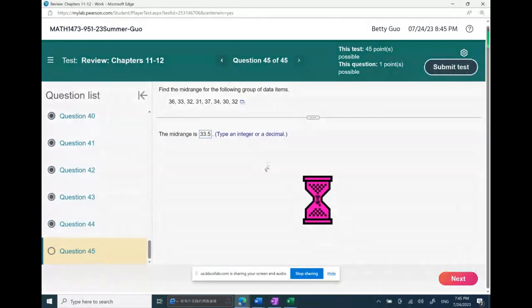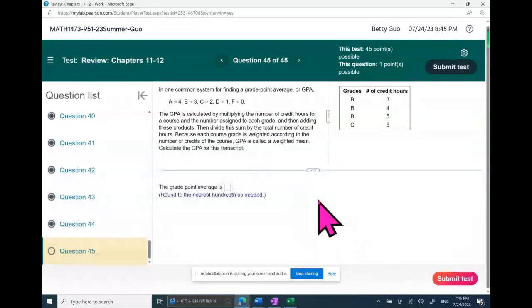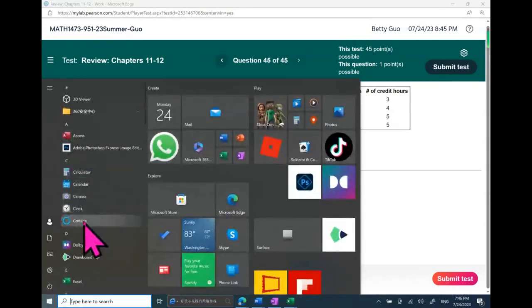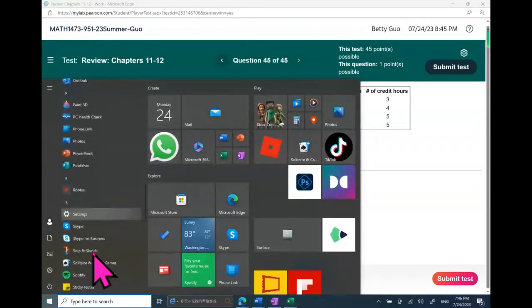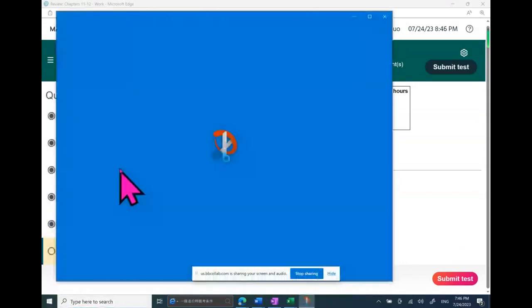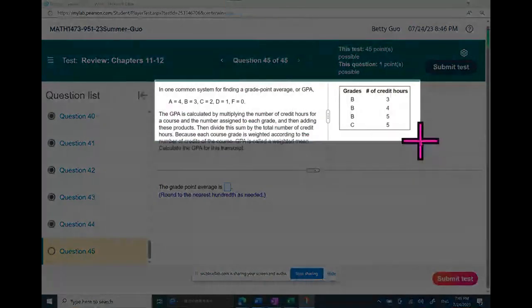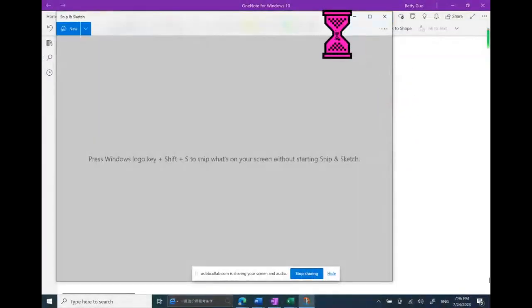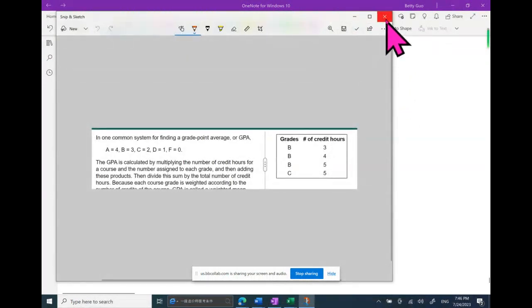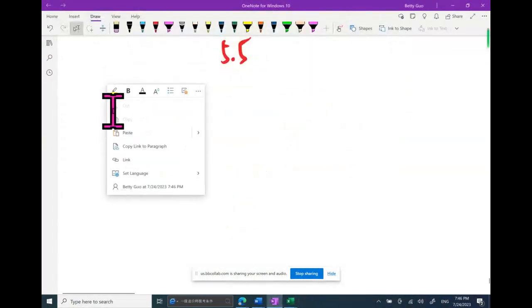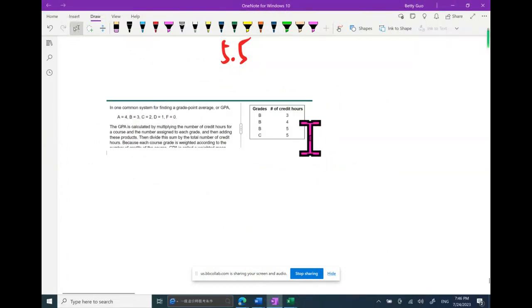Next, what's this about? GPA, right? Last question. All right, so last question. Let's see what's the GPA of the student whose transcript for one semester probably is shown here. Make it bigger.